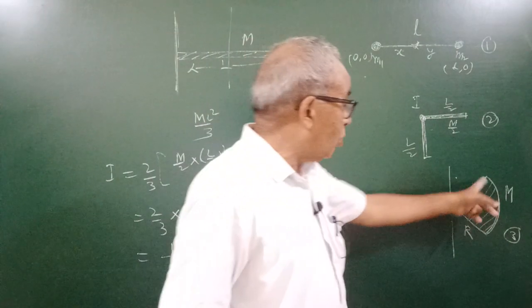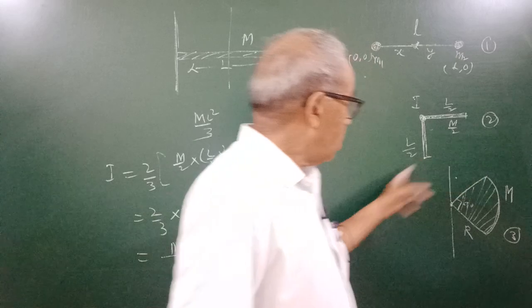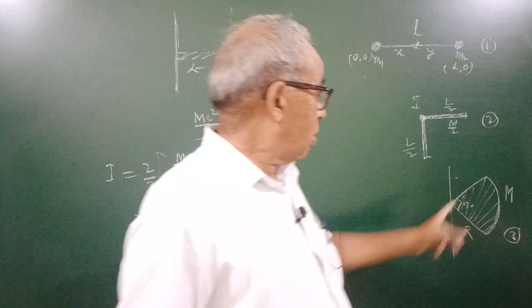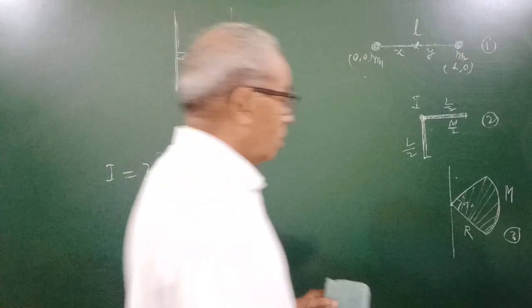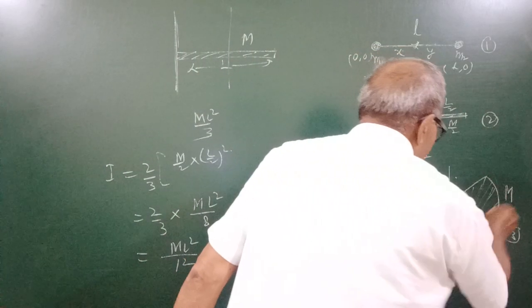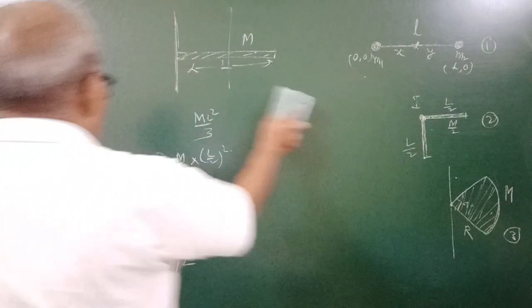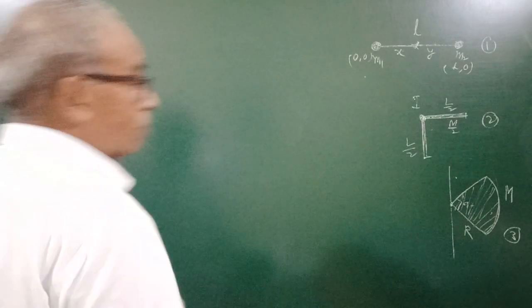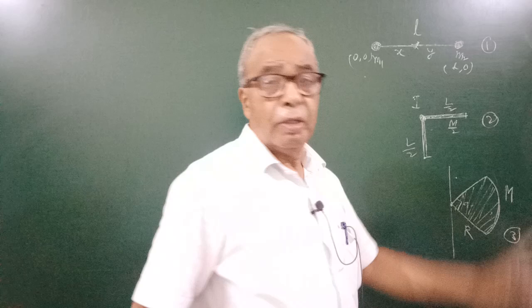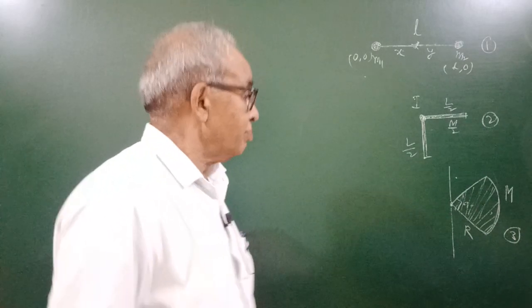Now this is a quarter of a disc, and the mass of this quarter is m only. So what is the moment of inertia of this quarter about an axis normal to the plane of this quarter?